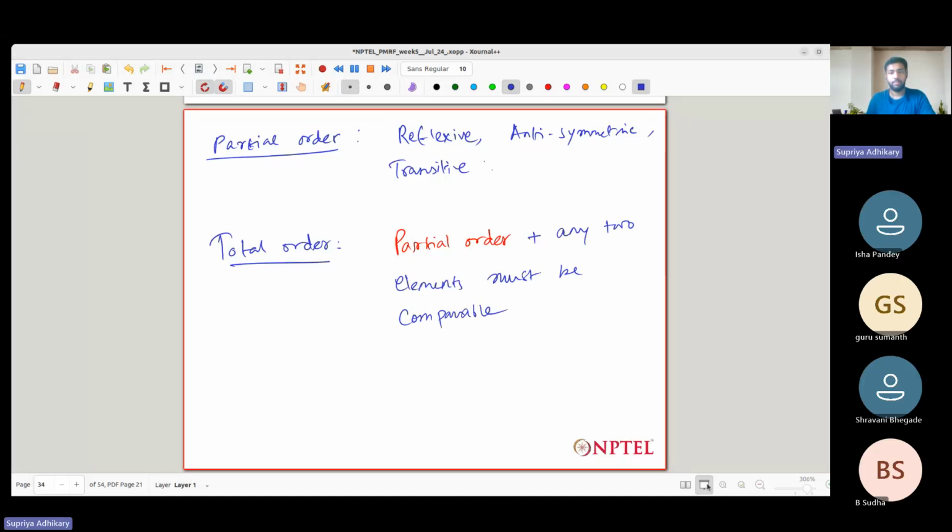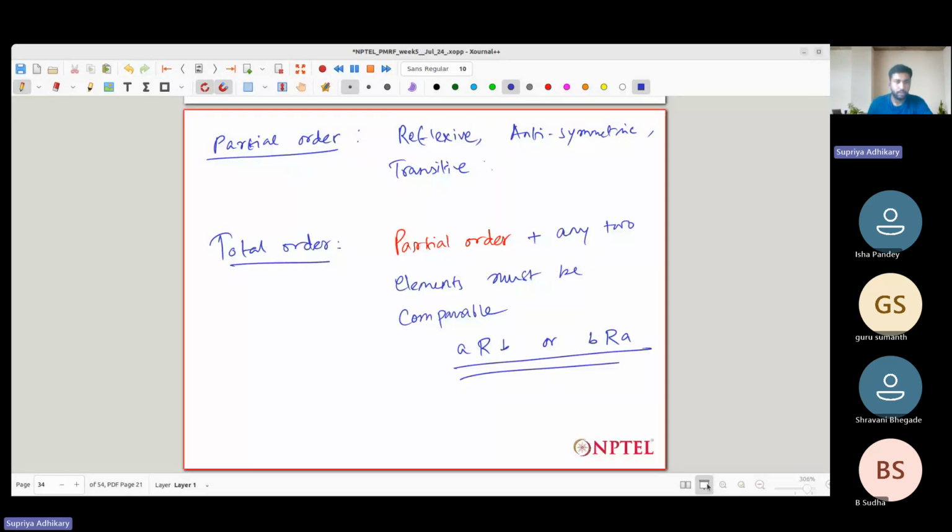What does it mean by any two elements must be comparable? That means if A, B are any two arbitrary elements in the set, then either A is related to B or B is related to A. This must be true. In some books, this is also called the total connectivity of this order.